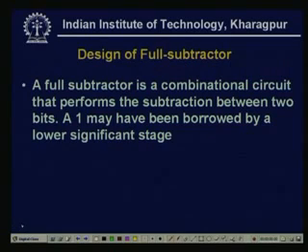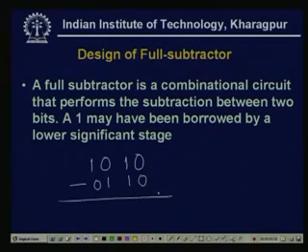So, a borrow may have been borrowed by a lower significant stage. Just like the full adder circuit, say we take 1 0 1 0 and we want to subtract 0 1 1 0. Then 0 minus 0 is 0, 1 minus 1 is 0, but 0 minus 1: here actually, as if we have borrowed a 1, this 0 becomes 1 0.